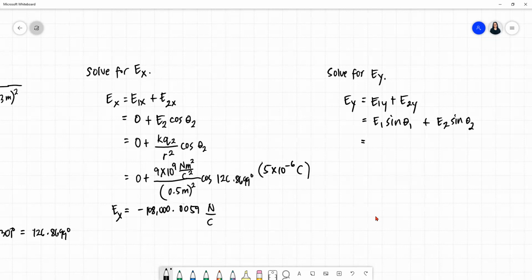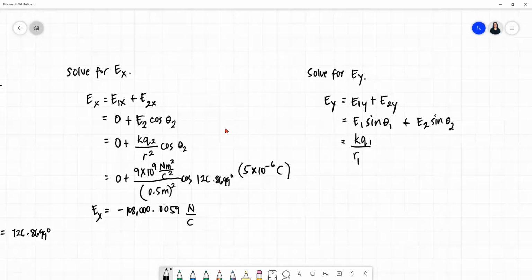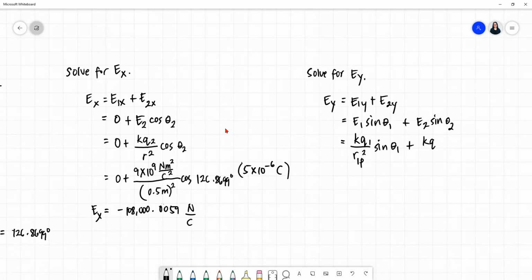So that would be K times Q1 over R, the distance between 1 and point P. So let's say this is R1P, squared, times sine of theta sub 1 plus K Q2 over R sub 2P squared sine of theta sub 2.